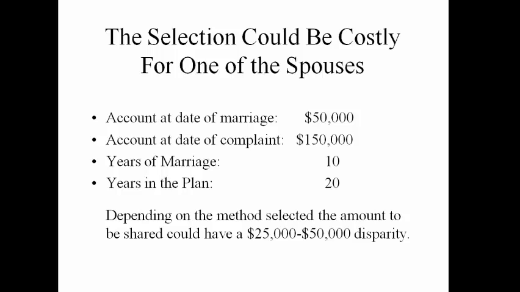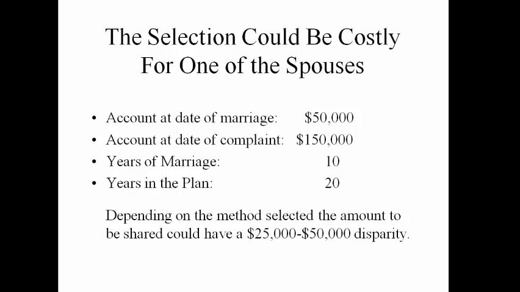The subtraction method is $150,000 minus $50,000, or $100,000. Remember, the subtraction method was subtracting the date of marriage account from the date of complaint account. Now, we know in this couple's history, they were 10 years in the marriage, but the participant spouse was 20 years in the plan.